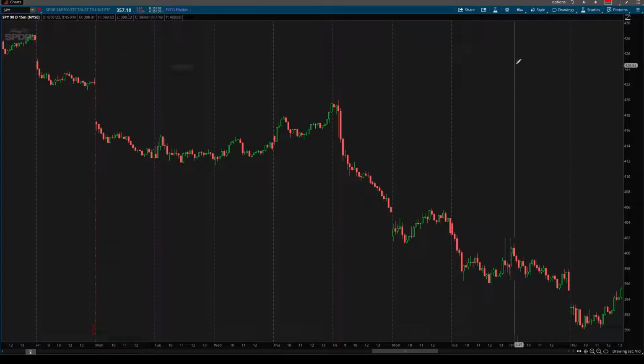I'm on a 15-minute chart. This is on SPY, just so you can see it. So again, 15-minute chart on SPY. I think all of these strategies I'm going to be reviewing on this chart. Hopefully I can make it quick and easy, some nice, easy content for you to consume.